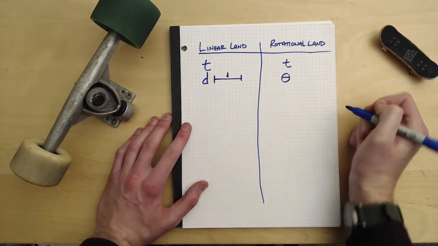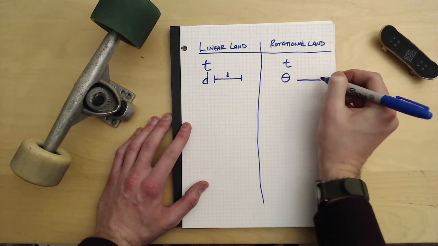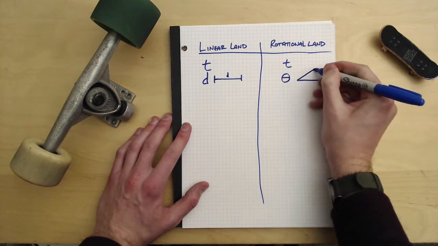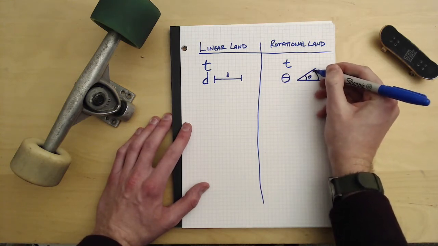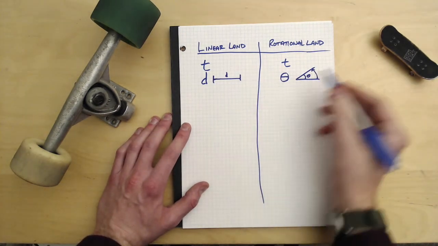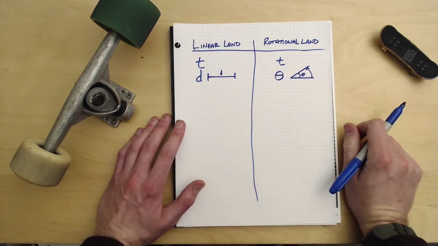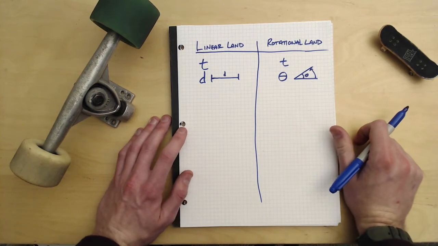That's all the distance was. In rotational land, something is going to start at one point and it's going to sweep out an angle of theta. So instead of just a linear distance, we now have a rotational distance given by an angle theta. Sometimes radians, sometimes degrees as well.